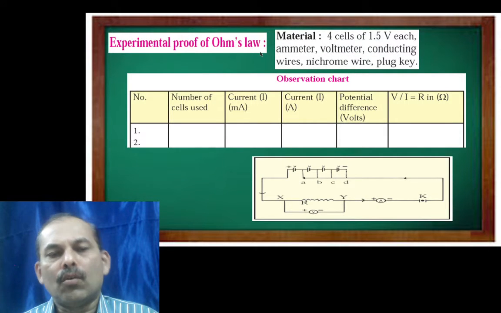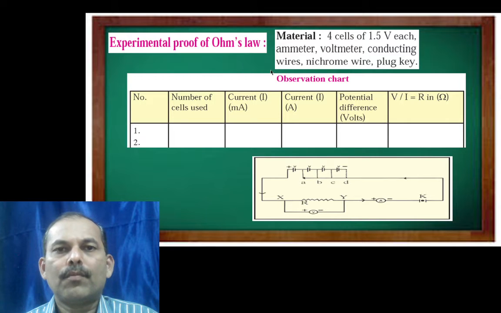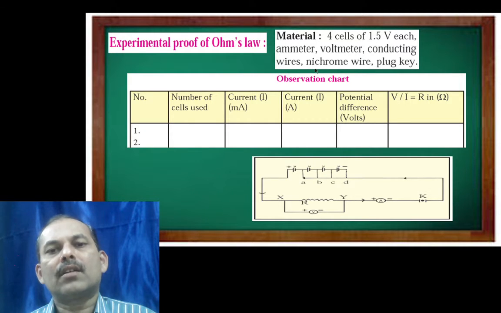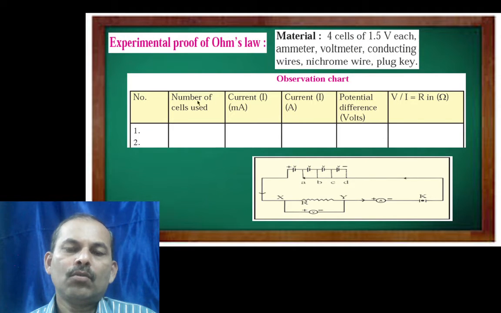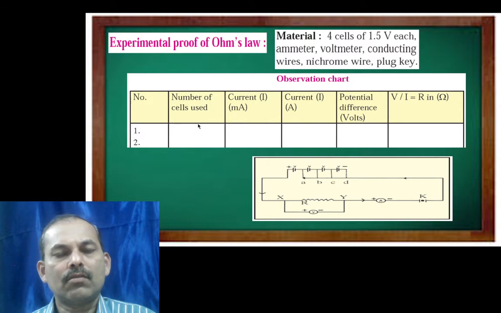Experimental proof of Ohm's law. In this experiment, the materials we have to use are 4 cells of 1.5 volt each, ammeter, voltmeter, conducting wires, nichrome wire, and plug. You have to make an observation chart like this, in which you write the number of cells used here. Then the current measured with the help of the ammeter, you write the reading of that ammeter.